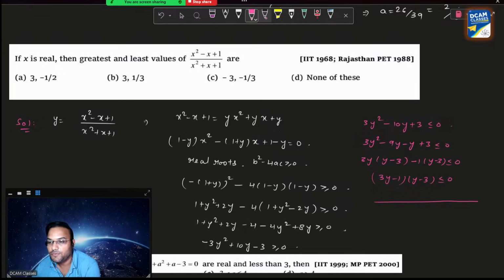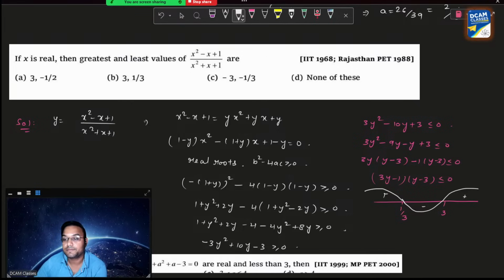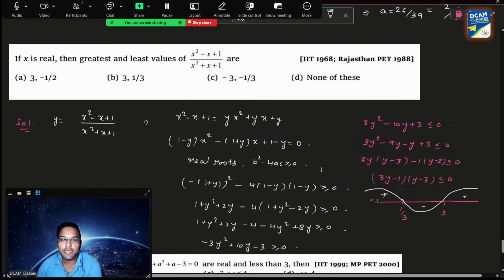So if you make your curve, it will be 1 by 3, 3. Your curve will move like this, like this, like this. I am using the wavy curve method. See, this method also you should know, I have taught it to every student, but do you know it or not, Diva?